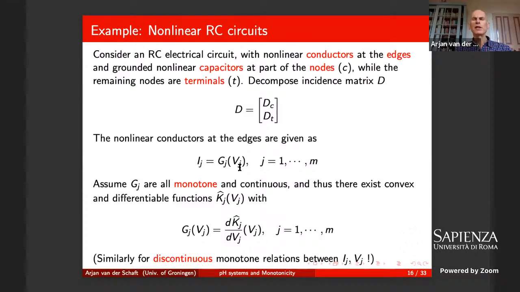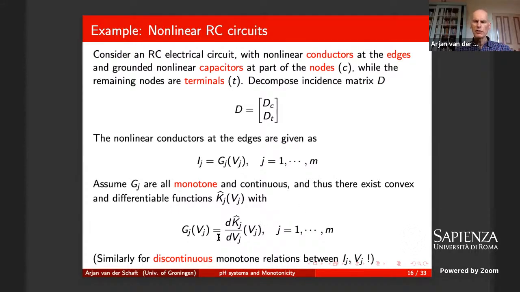You can express the currents as functions of the voltages. And we assume that all these functions are monotone, and for simplicity we will take them to be continuous, although in fact we can also do it in the discontinuous case.